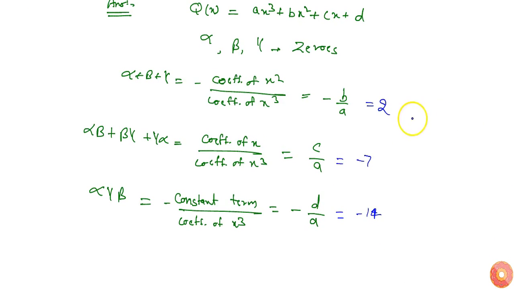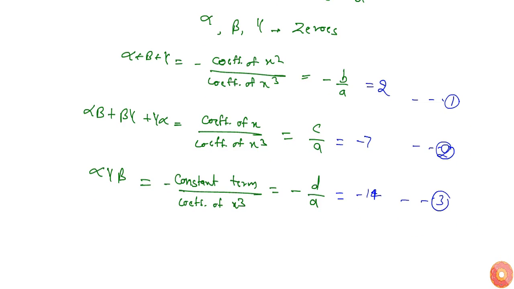So let's say it is equation number 1, equation number 2 and equation number 3. Now in all three equations we have 4 variables a, b, c, d, and we have 3 equations, which means that we have to assume any one variable as some value.